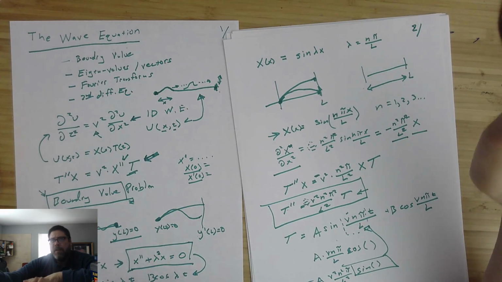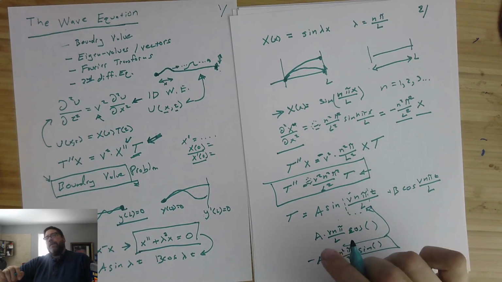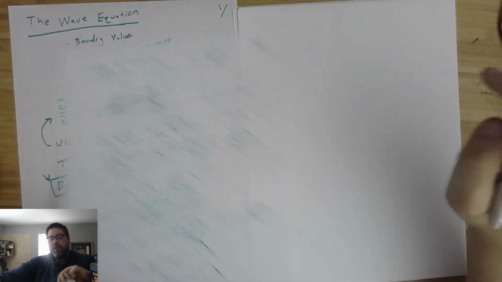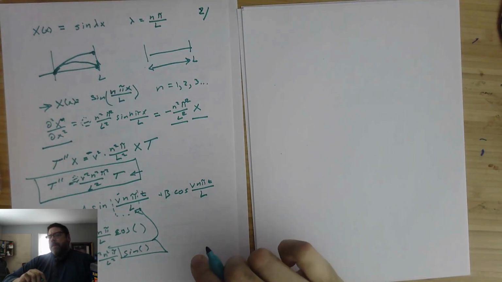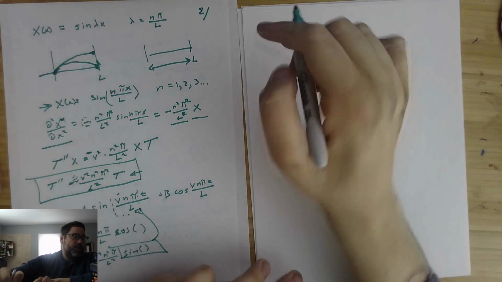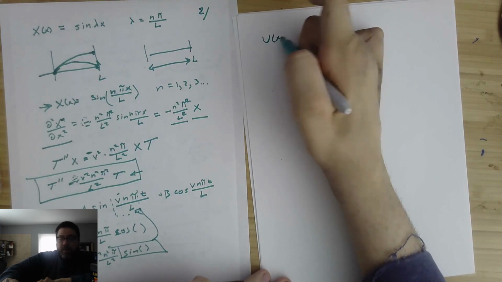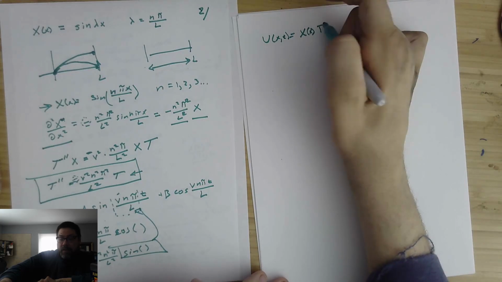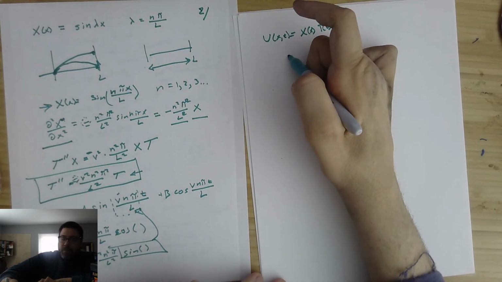All right, so now we've solved for the spatial part and we've solved for the temporal part in the eigenvalue eigenvector equation. We can put them both together now to look at the full wave equation. So remember our full wave equation, u of x and t just equals X of x times T of t. And we already figured out what those are going to be.